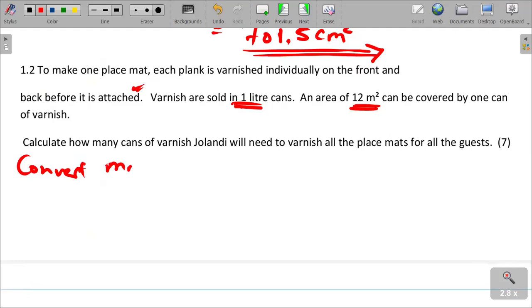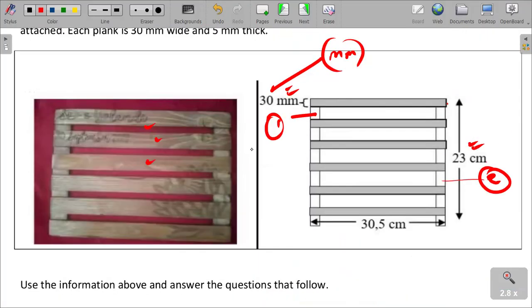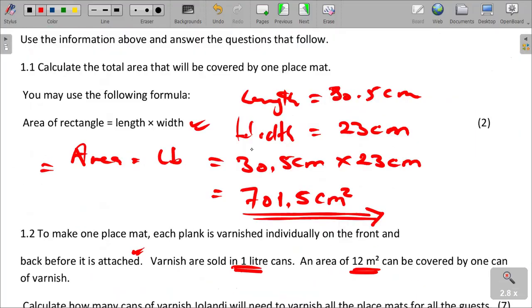Convert millimeters to centimeters. That is the first step. We are given 30 millimeters, which is the width of this plank.